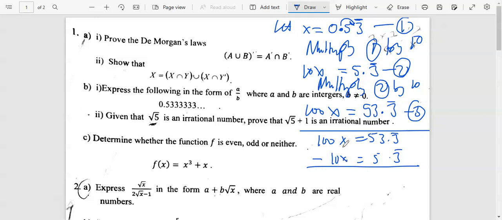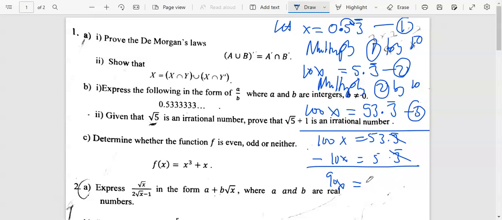Okay. So 100 minus 10, we know that is 90. And then this 3 will cancel with this 3 at the end of the decimal. So all you have is 53 minus 5. What do you get? Help me with that. 53 minus 5. 47.